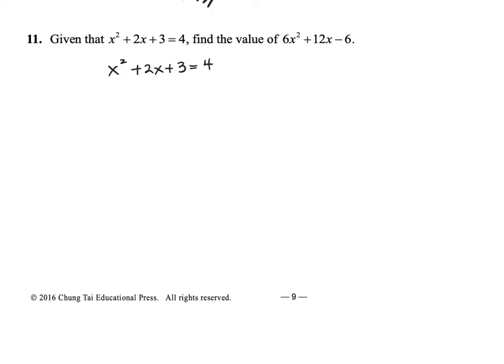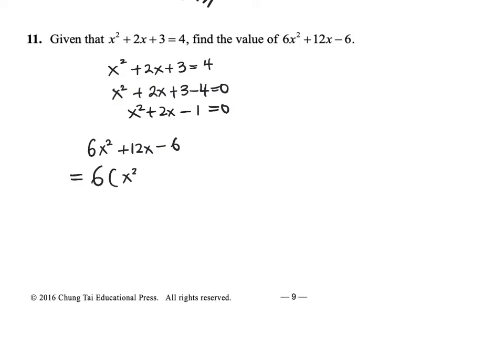So if you reverse the order a little bit, you have this one, and then you have x squared plus 2x minus 1 equals to 6. So based on this, you will know 6x squared plus 12x minus 6. If you take out the common factor 6, then you have this one, and now you can see it. This is equals to 6 times 0 equals to 0.